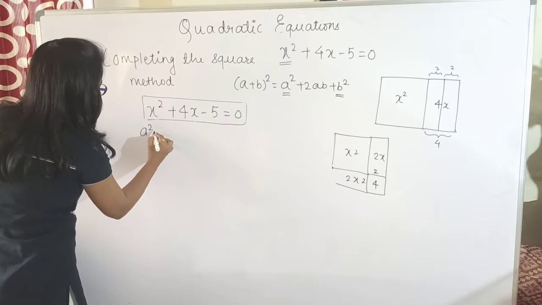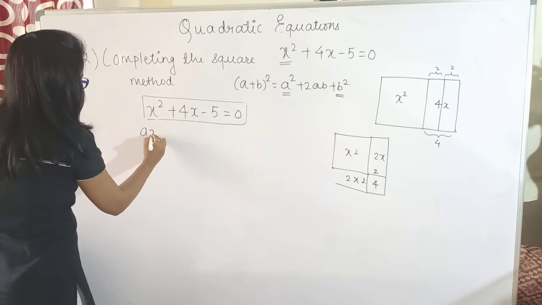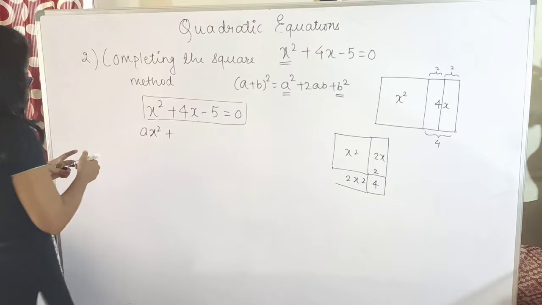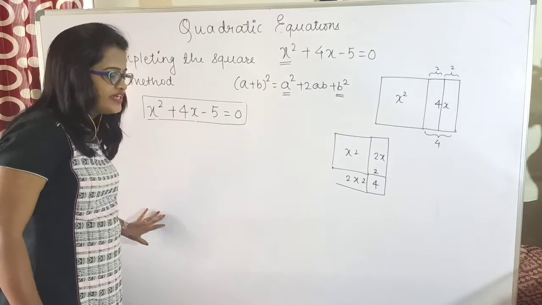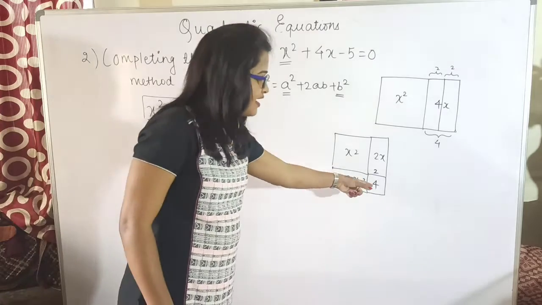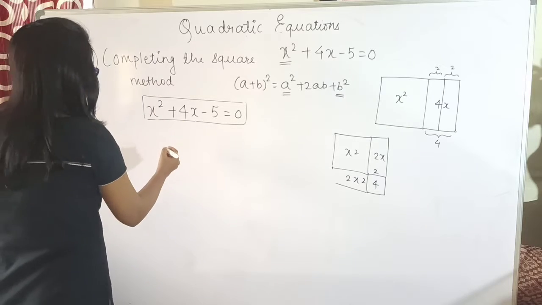So ax square plus. Okay. So now let us see how to actually find what number has to be added or subtracted, comparing it with the standard form.